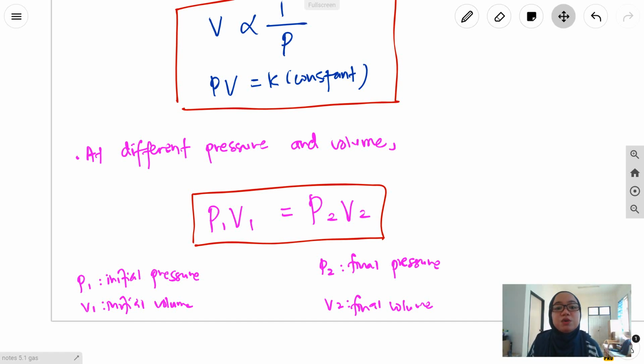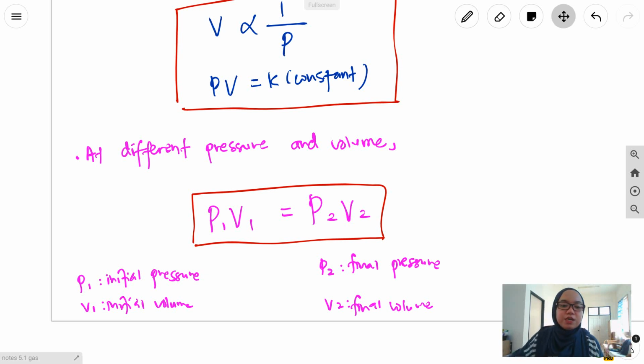So we are going to use this equation or this formula when we have two different conditions. For example, they give you the initial pressure and volume, and they want you to find the final pressure when the volume is a certain amount. Okay, so this is when we use this formula.